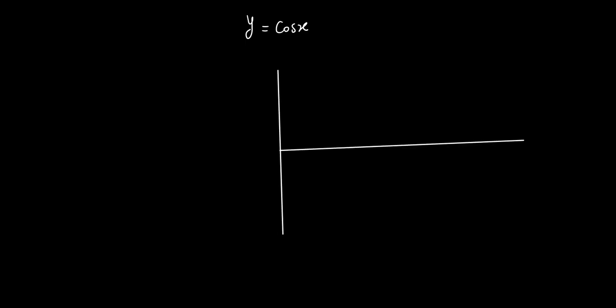Then you check the domain. Its domain is x, an element from 0 to 360 degrees. Still here we can put 1, we can even have a 2, it's fine. But this is our y-axis.